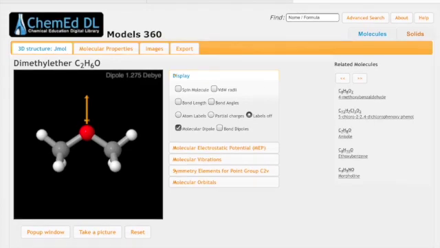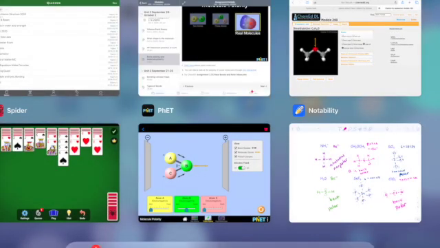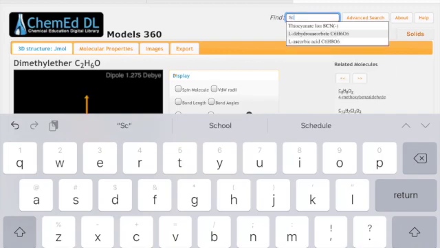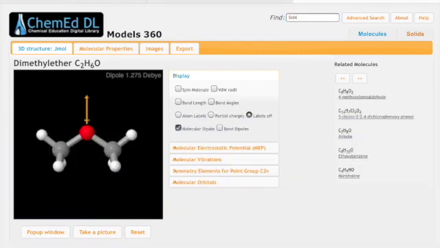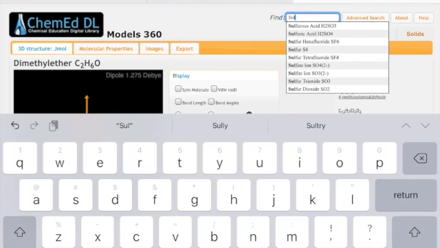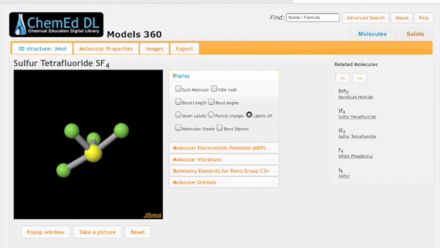The next one was SCl4. We'll do tetrafluoride, same shape.